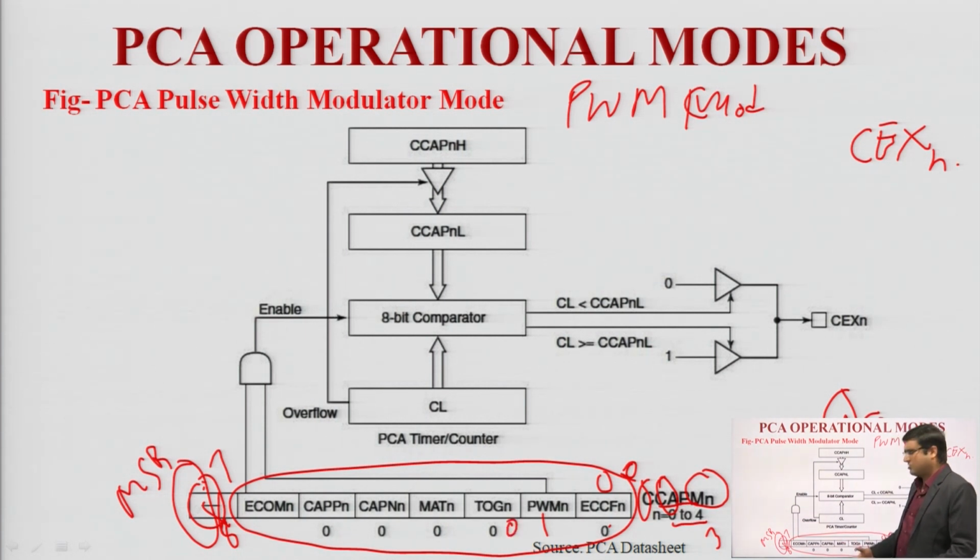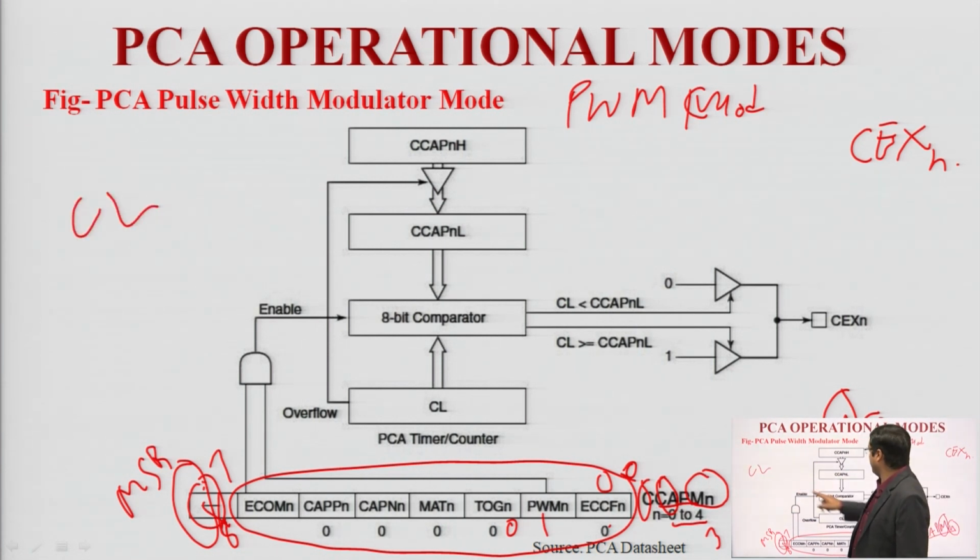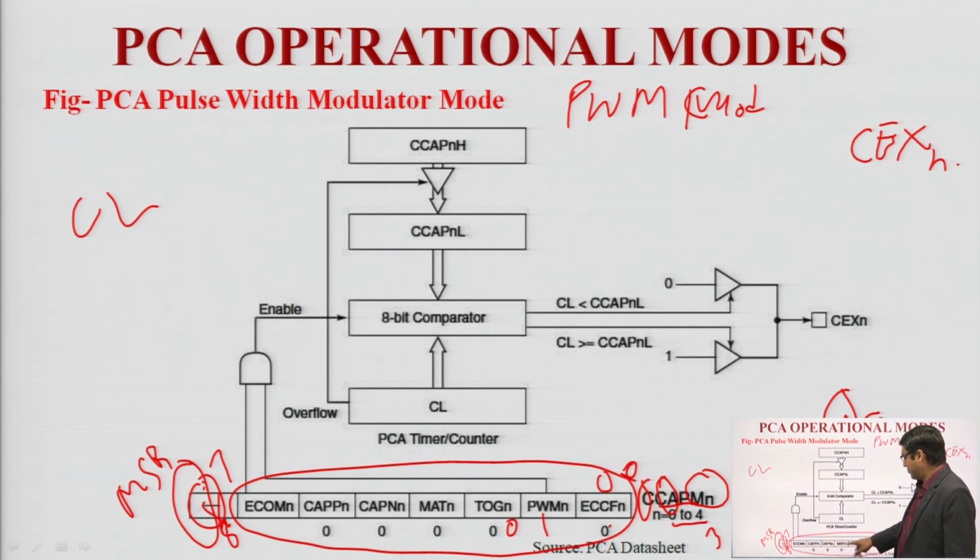No match occurs in between, we are only comparing the CL with the CCAPnL, so this should also be 0. And we are not working on the positive and the rising edge, because no toggle occurs, we only deal with the PWM mode, so this should also be reset, it should have a 0 value.